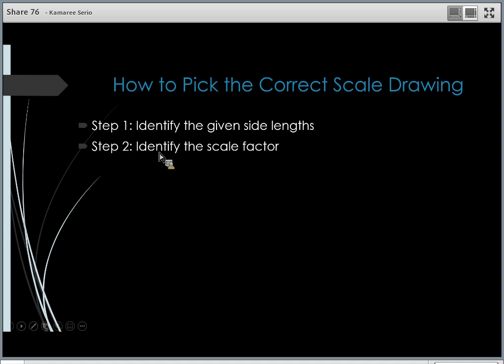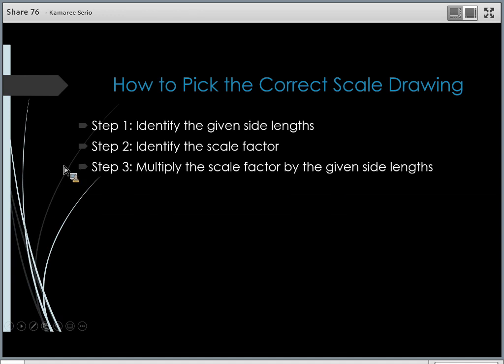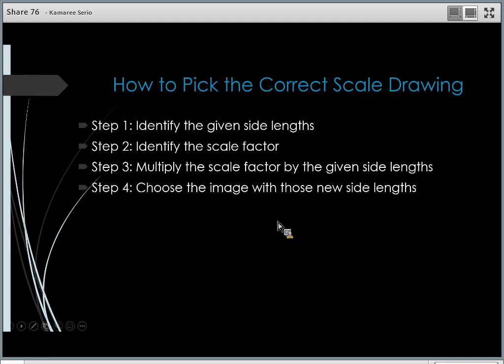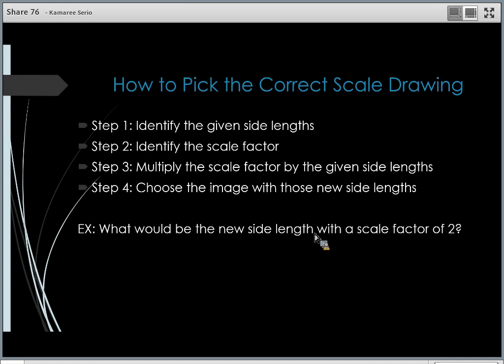So here you should probably have a scale factor given to you. The next thing you want to do is use that scale factor and multiply it to the other side lengths to see what new side lengths you should have, like what we were doing in the examples before this. And then you want to pick the image that has those lengths.